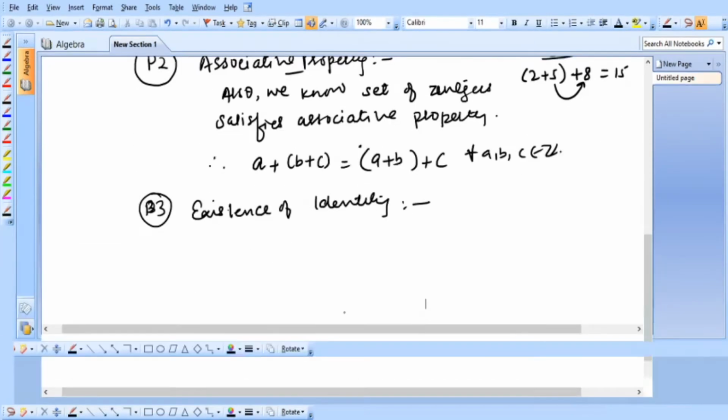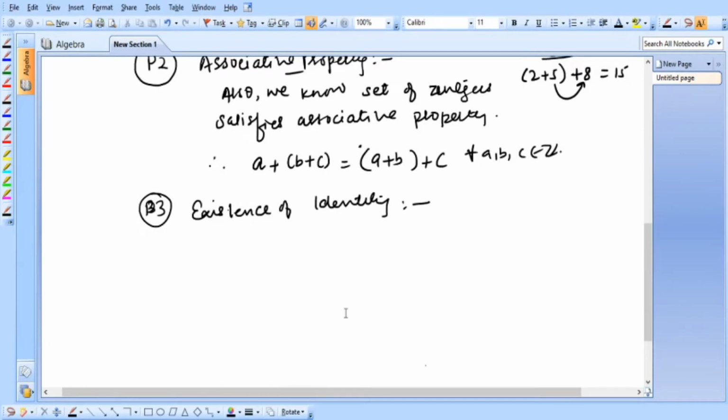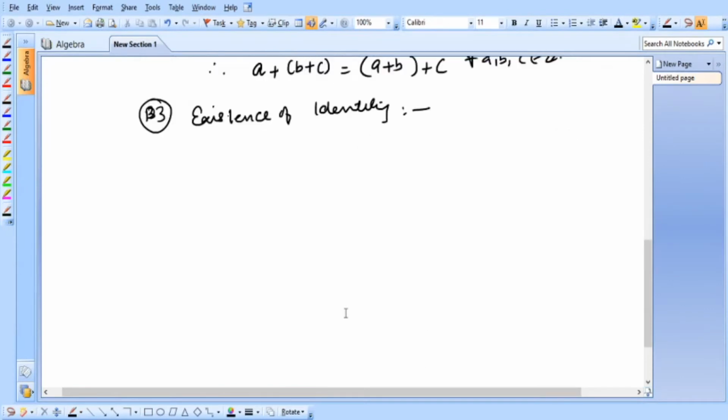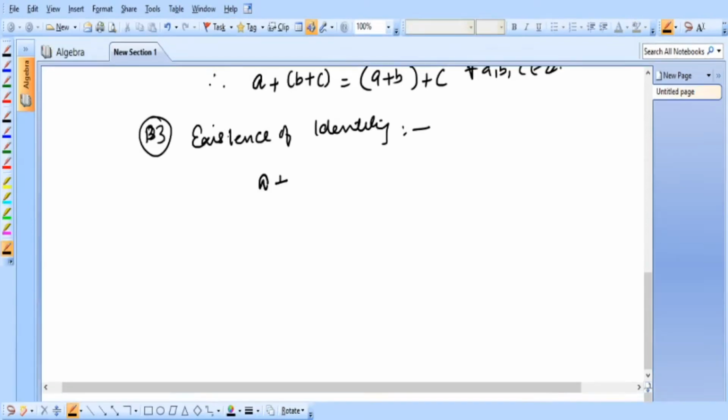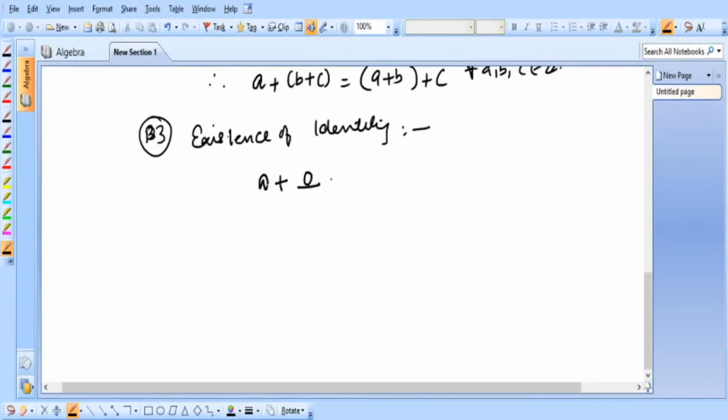Okay, so see here, you are having an element a from the integers, and we know if we add 0 to this a, we get a again, right?